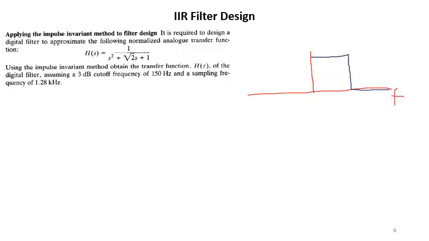Okay, whereas the practical response will be something like this, we'll have some ripples here and we have decay of something like this. So for example, here it has value of 1, so at this point it has value of 0.707. Okay, so at 0.707, the response is 3 dB.